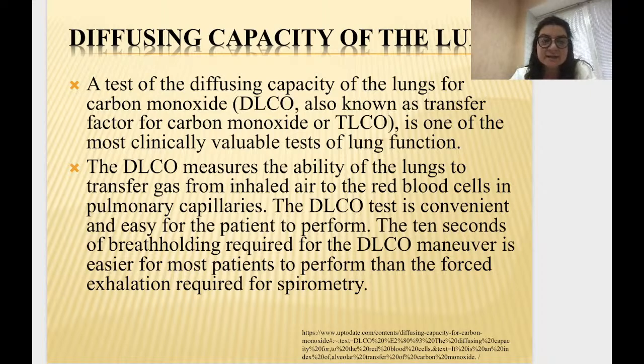The DLCO test is convenient and easy for the patient to perform. The 10 seconds of breath holding required for the diffusing capacity maneuver is easier for most patients to perform than the forced exhalation required for spirometry.